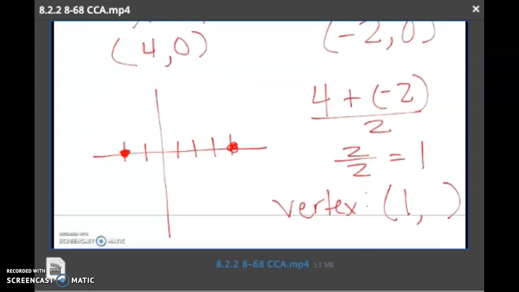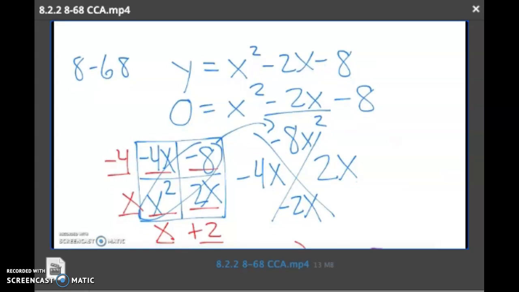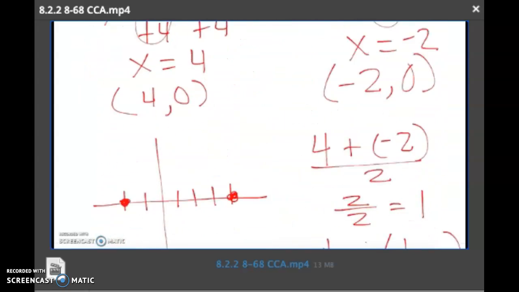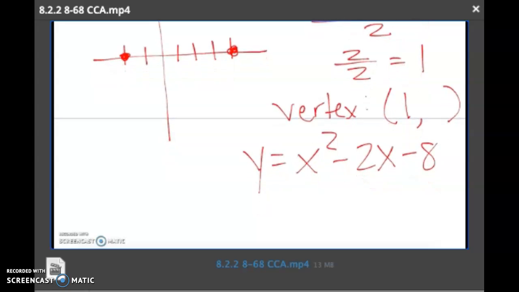So I'm going to go back up to my original equation, which was y equals x squared minus 2x minus 8. So I'm going to rewrite that. Y equals x squared minus 2x minus 8. And then I know that the x-coordinate of my vertex is 1, so I'm going to use this equation and substitute 1 in for my x's.